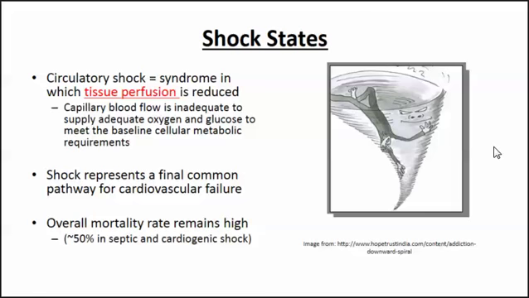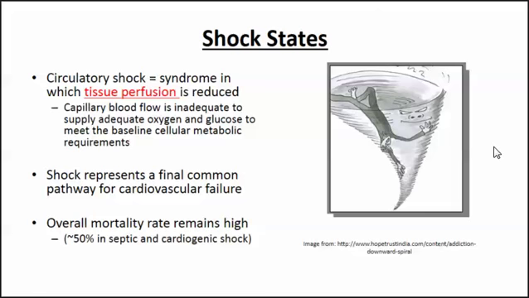And the essence is that there is inadequate capillary blood flow to supply the adequate oxygen and glucose requirements to the individual cells to meet their basic metabolic requirements. We talked briefly yesterday about the oxygen cascade from the atmosphere to the mitochondria. This is sort of the second part to that.